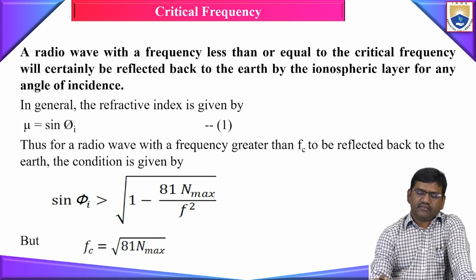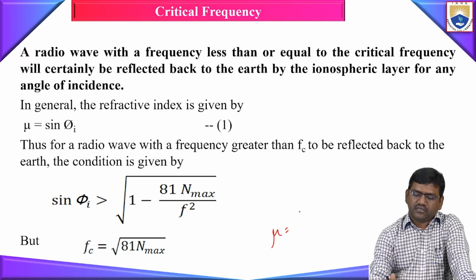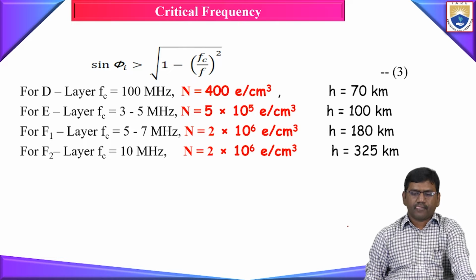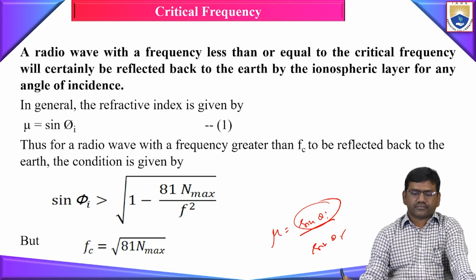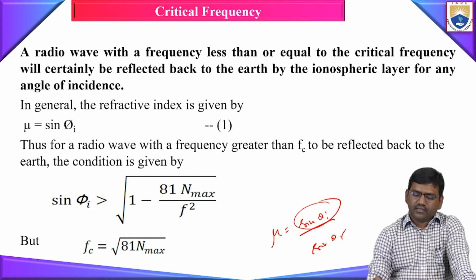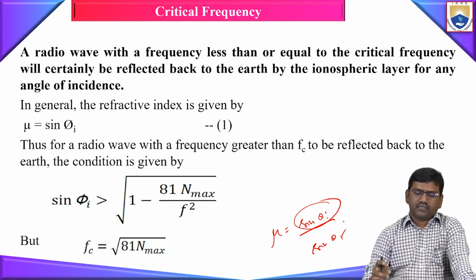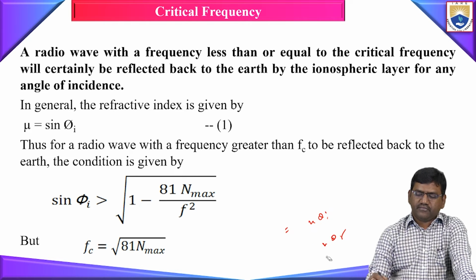From Snell's law we can write mu is equal to sin theta I by sin theta R. We know that the angle of incidence is 0 here.